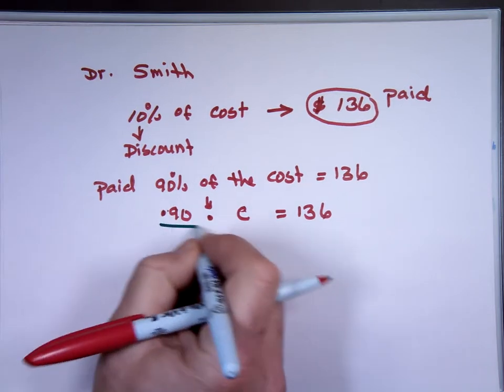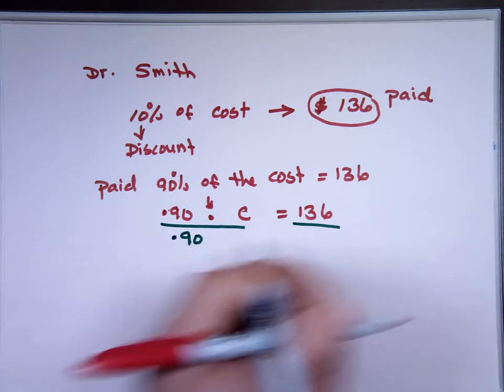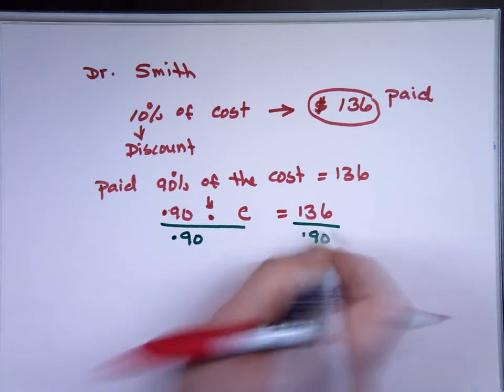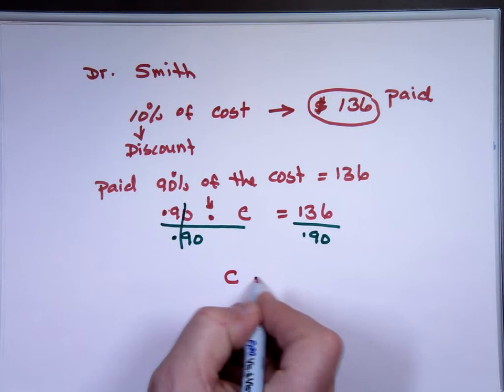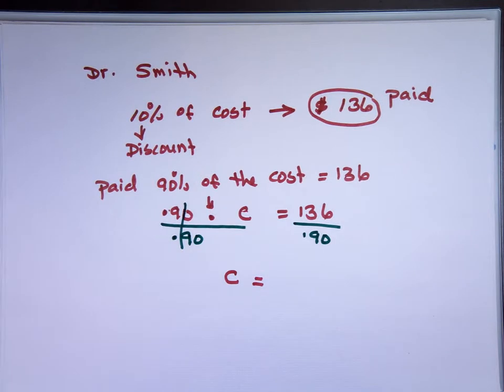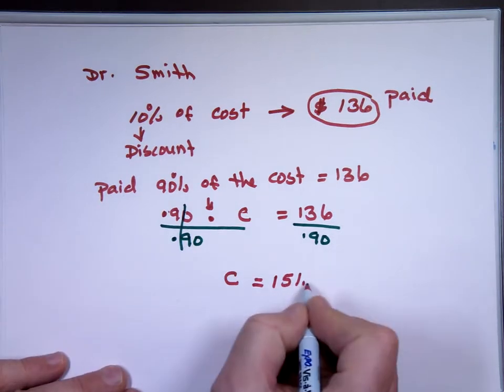We're going to divide both sides of the equation by what? 0.90. So the cost, if you don't know me, if you just walked in, you said, my mouth is killing me, I chipped a tooth, can you fix it please? Are you a patient? No. Do you know anyone? No. No discount. Then you would have paid $151.11.